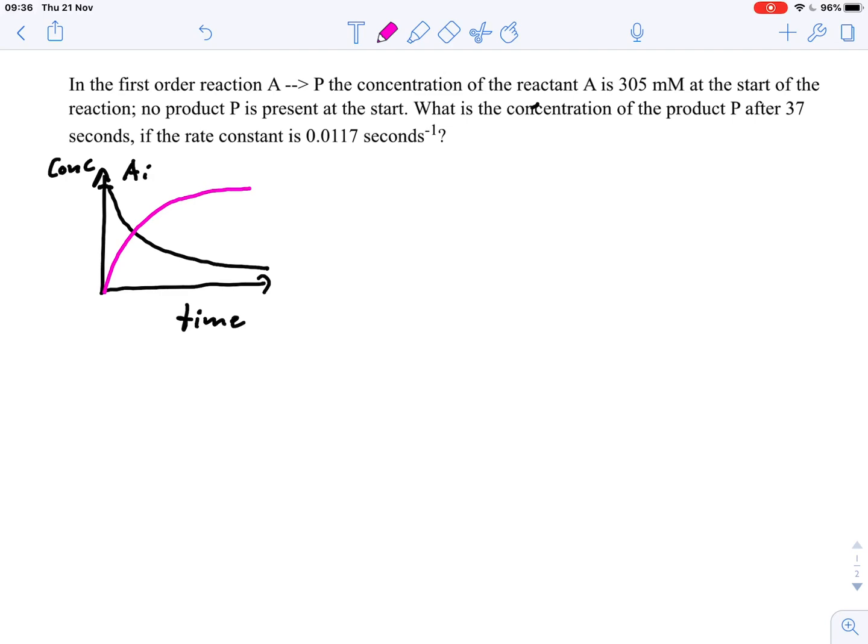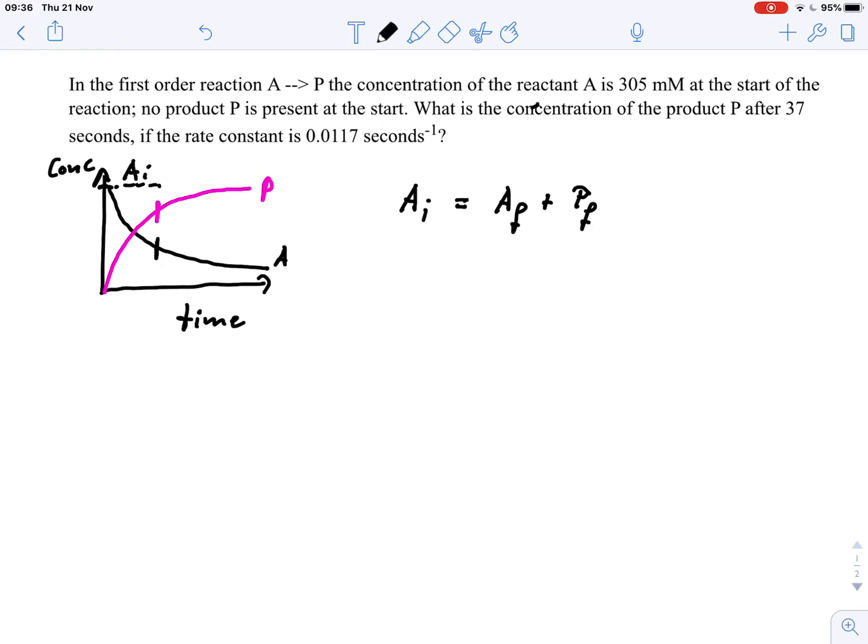And what we can see is that at any given time, the concentration of P and the concentration of A at that time, so that's our A curve, together give our initial concentration of A. So we can write that the initial concentration of A is always, at any time, the concentration of A at the time point that we are looking at plus the concentration of the product.